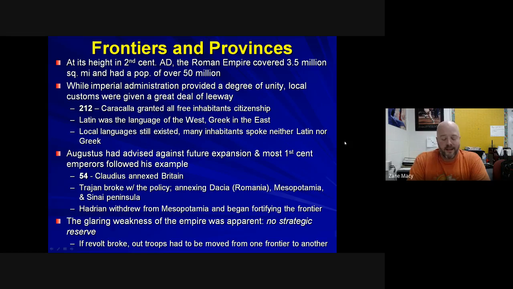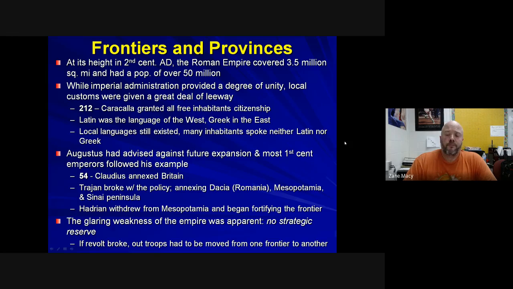Now, like I said, Greek was the language of the East the same way that Latin was the language of the West. It didn't mean that people in their homes, in their native regions, didn't continue to speak their native languages. It's just if you expected to communicate with Roman officials or Roman soldiers, or if you were going to be traveling throughout the eastern half of the empire, you needed to be able to understand Greek so you didn't experience any language barriers.